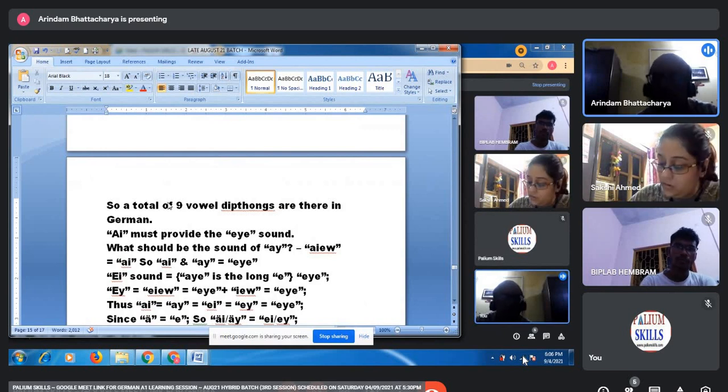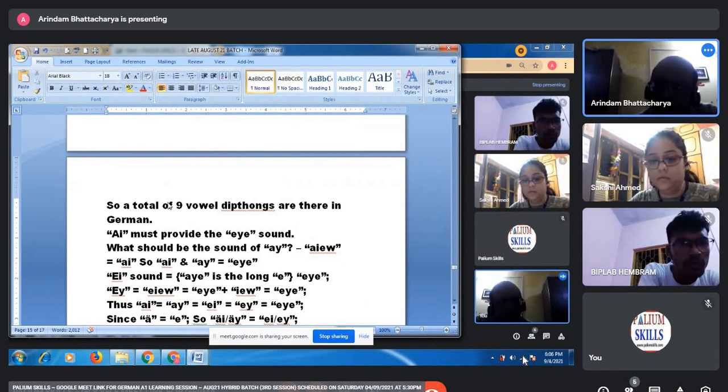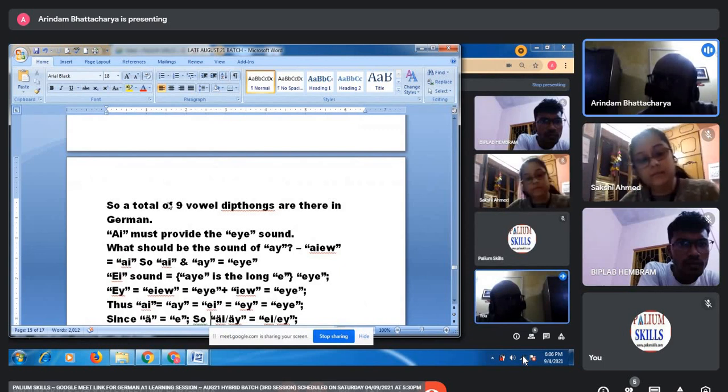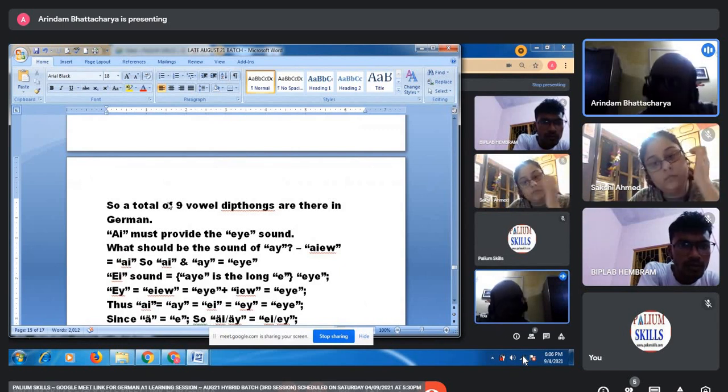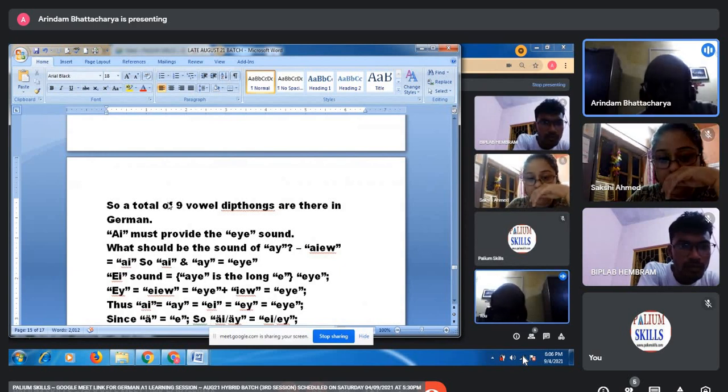Now what should be the sound of A umlaut epsilon? A is I, then epsilon is U in the long form. So it is I, then U, EW in English. So this means 2 vowels, then EW means another vowel, 3 vowels. But actually there are 2 vowels over here.